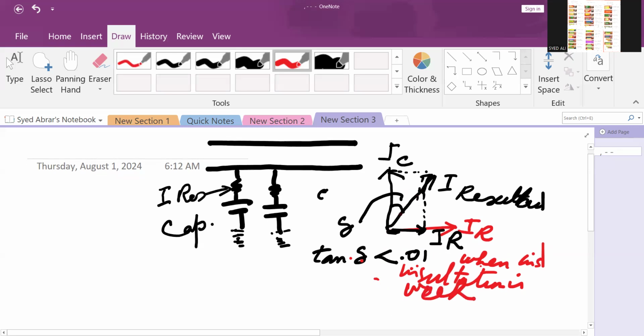Now if you take the new resultant from this diagram, you will see that the tangent delta increases.